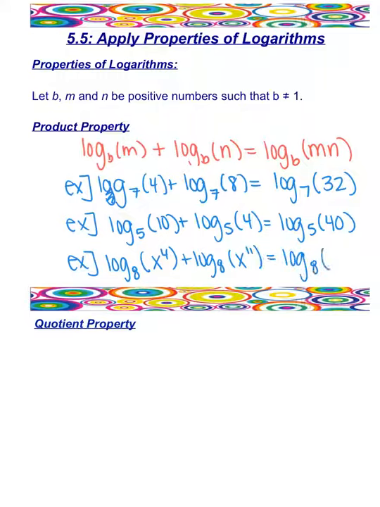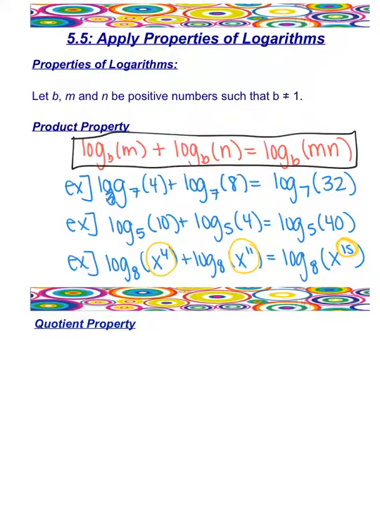Well, that would be log base 8 of x to the 4th times x to the 11th. And when I multiply those two numbers together, I'd get x raised to the 15th. And in another property, I'm going to show you that this could be simplified even more. So notice that this property can be used to go in either direction, to either expand or condense the logarithm.